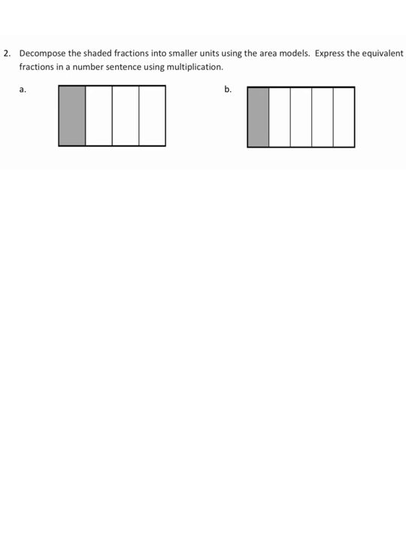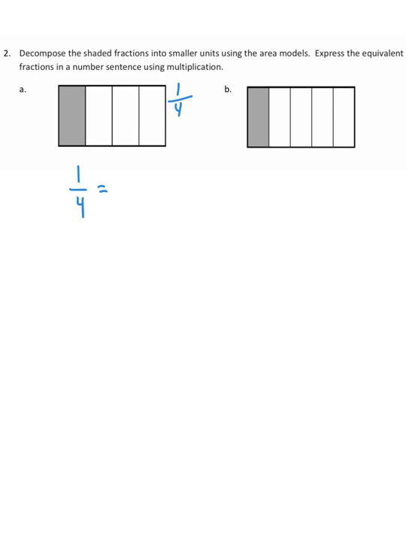All right, we're going to continue doing this, and we now have an area model. And this area model has been broken up into, we look over here, 1, 2, 3, 4 pieces, and only one has been shaded, so it's 1/4. So 1/4 is equal to what?